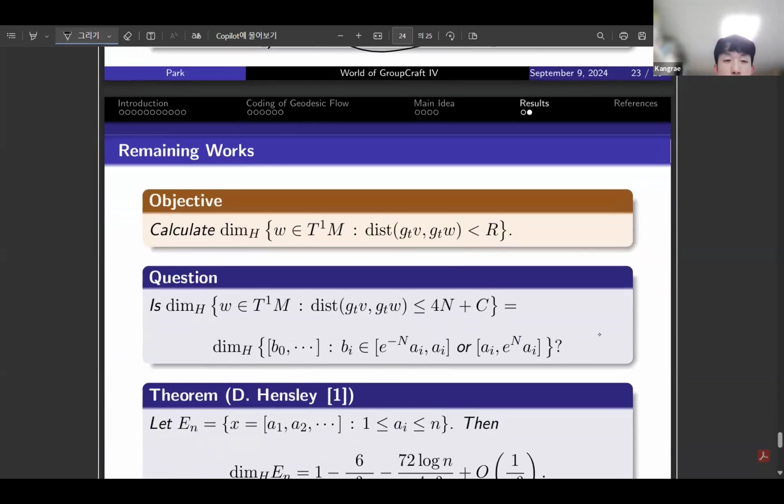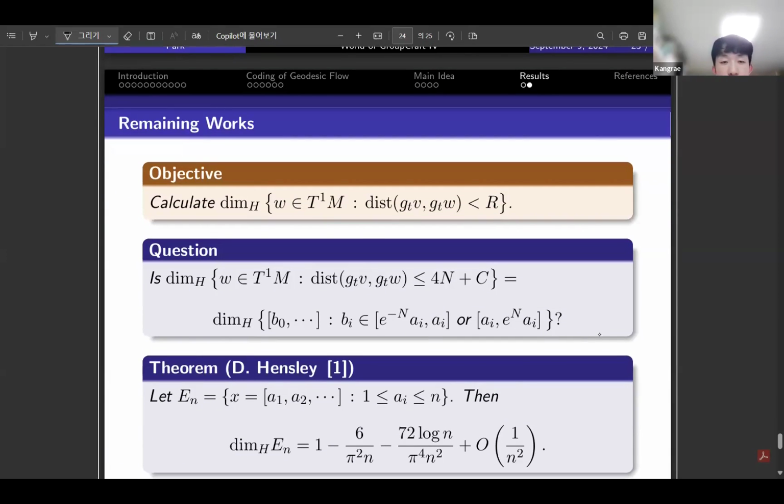So here are some remaining works. Our main objective was to calculate the Hausdorff dimension of fellow traveling vectors for a given V. So V is given and W is the element of the set. And our main question is the dimension.